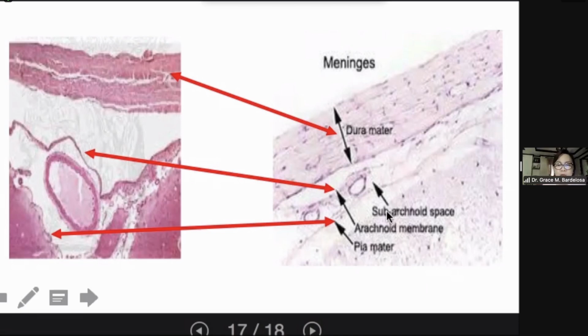From without inwards, it is the dura mater, which is dense connective tissue, the arachnoid mater, which is loose connective tissue, and the meninx that is attached to the parenchyma of the cerebrum, the cerebellum, and the spinal cord is called the pia mater. And it is also in the pia mater that blood vessels could be appreciated, such as these ones.